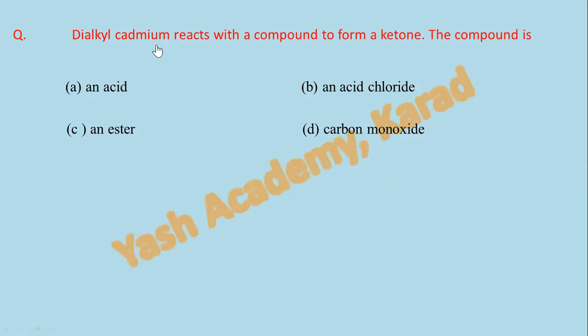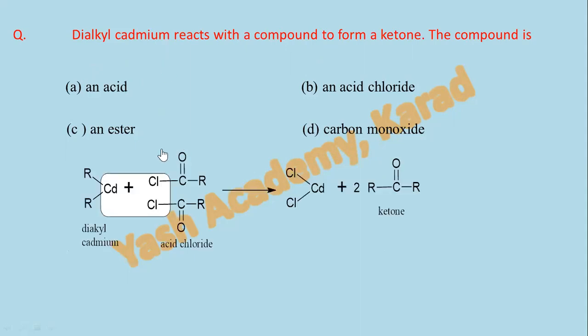Dialkyl cadmium reacts with only an acid chloride to give the main product, that is the ketone. That is the ketone, the final product of the reaction.